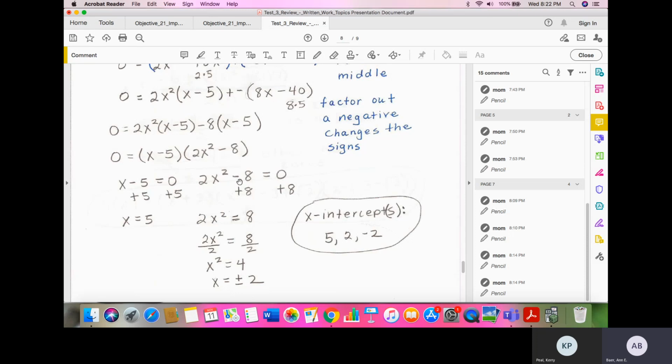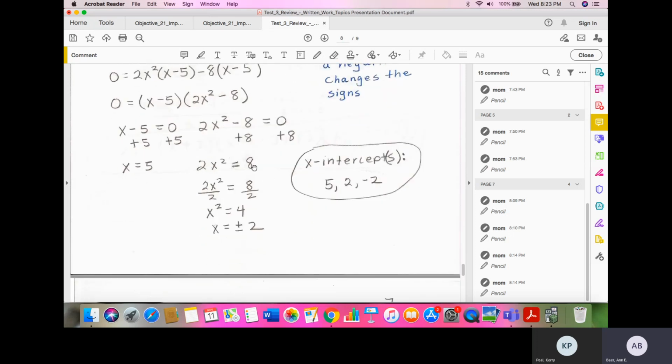You could add the 8. So the opposite of subtracting 8 is adding 8 to both sides. These cancel because we get 0, and 0 plus what's left is what's left. So we get 2x squared equals 0 plus 8, which is 8. Now we could divide by 2. We're trying to get everything away from the x squared. Opposite of multiplication is division.